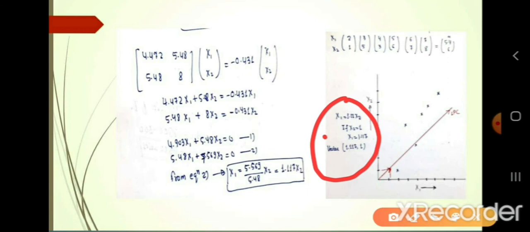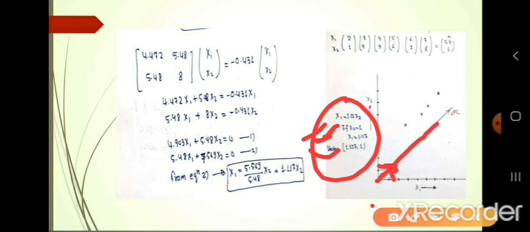If we take x2 equal to 1, we'll get x1 equal to 1.117. So the vector will be (1.117, 1). If x1 is 1.117 then x2 is 1. We can see this is the direction of the first principal component.